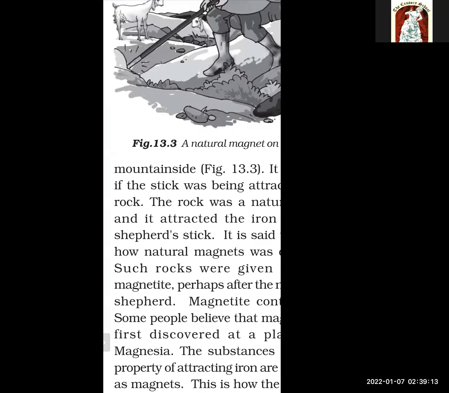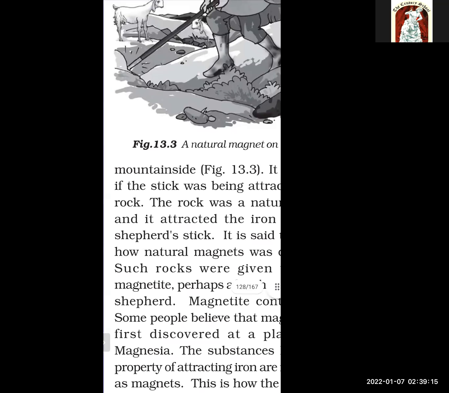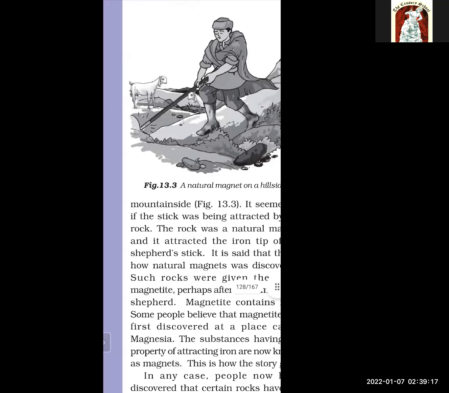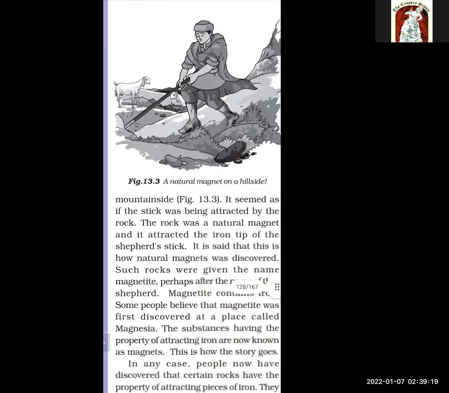So what do you mean by magnet? A magnet is an object which attracts pieces of iron, cobalt, nickel, etc.